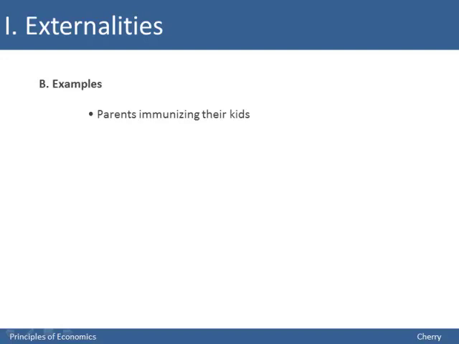But that activity is going to have a positive effect on others, because if their kids do not get sick, then that means that they're not going to spread it to neighboring kids or kids at school. So they're protecting their kids, but they're also indirectly protecting other kids as well. So what we have here is a positive externality in consumption, because they're consuming health care, but it's going to provide a positive externality on others.